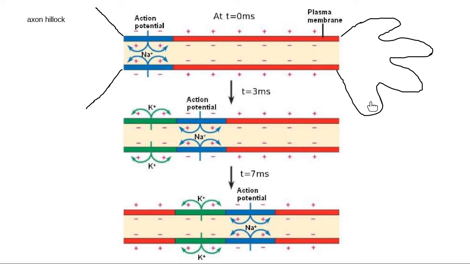So at the same time, when I hit positive 30, not only am I going to open up those voltage-gated calcium channels to get my neurotransmitters spit out, I'm also going to open up those voltage-gated potassium channels. The potassium channels are going to help me to repolarize the membrane. The calcium channels are going to help me to spit out my neurotransmitters.